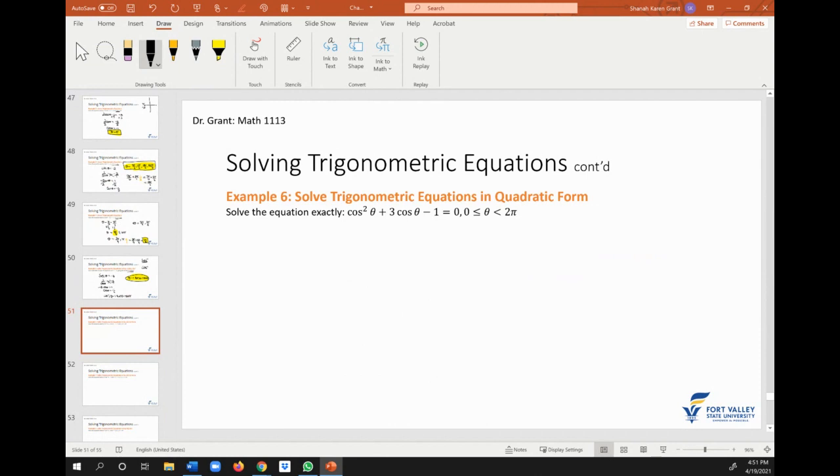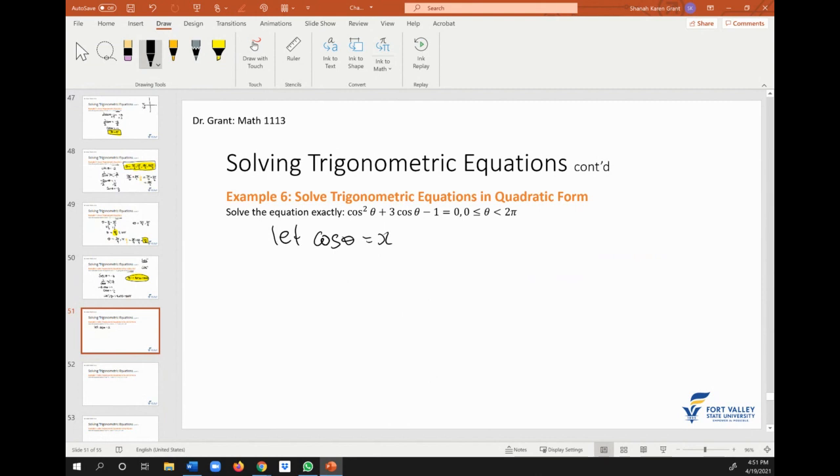All right. Okay, so now all of the problems we're looking at thus far involve linear expressions. So now let's look at some problems that involve quadratic expressions. For instance, here we're asked to solve cosine squared theta plus 3 cosine theta minus 1 equals 0. What we can do here, we can let cosine theta be equal to x.